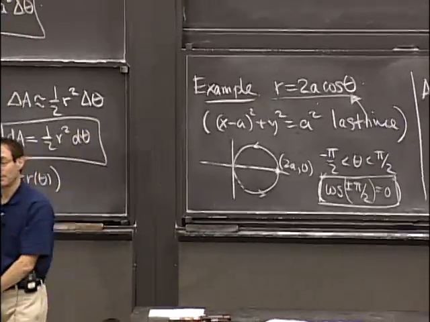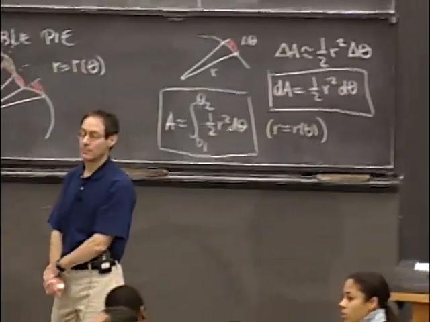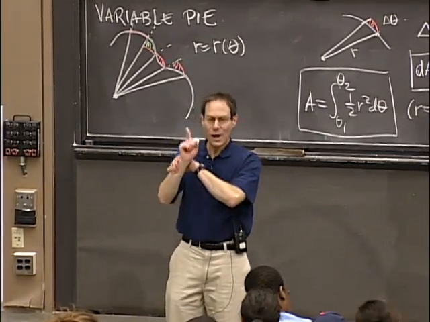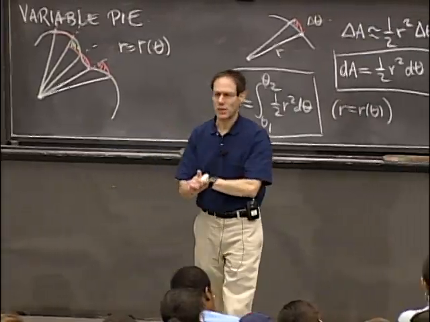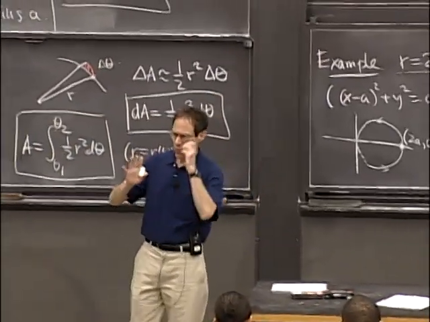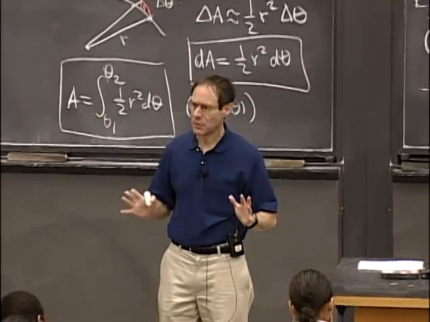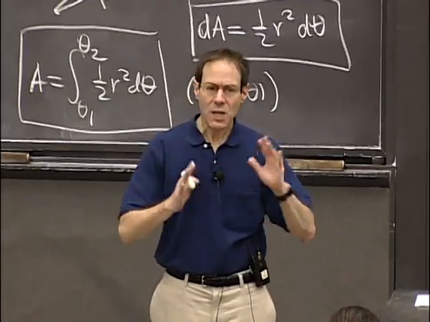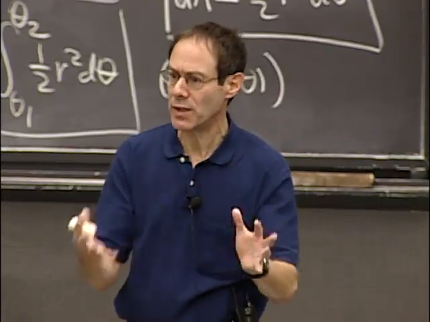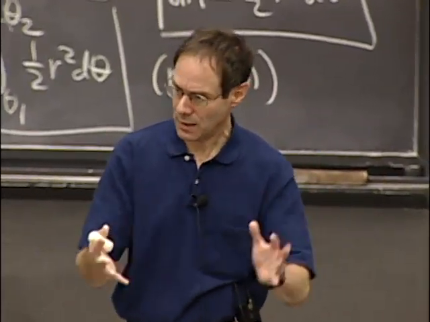Another question. So when we're doing these, should we just guess that it's going to be a loop? I'm probably going to give you some clues as to what's going on because it's very hard to figure these things out. Sometimes it'll be bounded by one curve and another curve, and I'll say it's the thing in between those two curves.